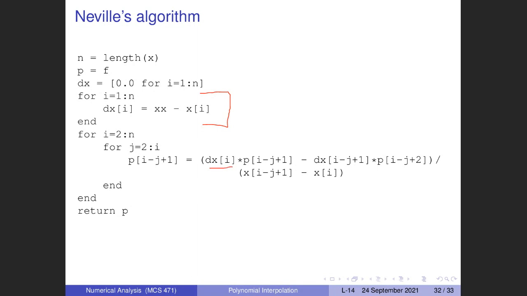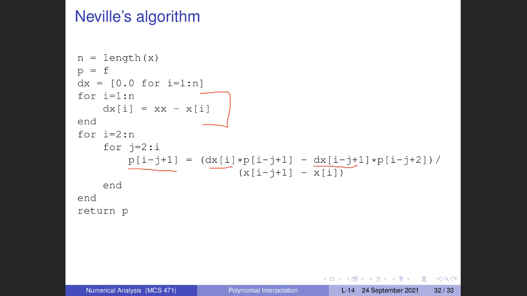Otherwise we would have a quadratic number. Well, actually, we still have a quadratic number, but we save some differences. So this is a very efficient algorithm, efficient both in computations and also in terms of the memory.